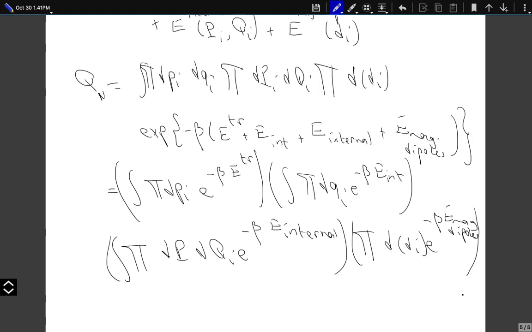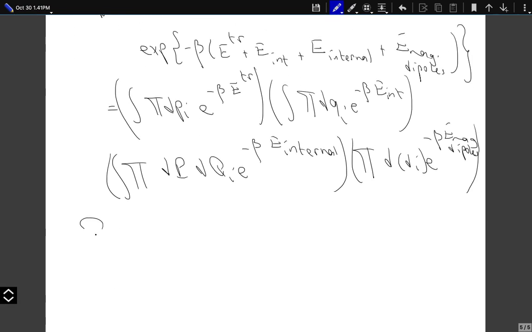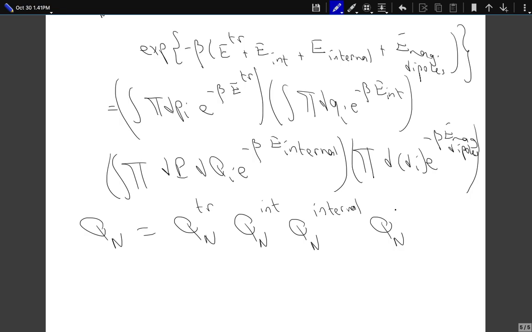And so the partition function itself actually separates. There is the partition function corresponding to the translational motion, the partition function corresponding to the interactions between the particles, the partition function corresponding to the internal degrees of freedom, and the partition function corresponding to the magnetic dipole.